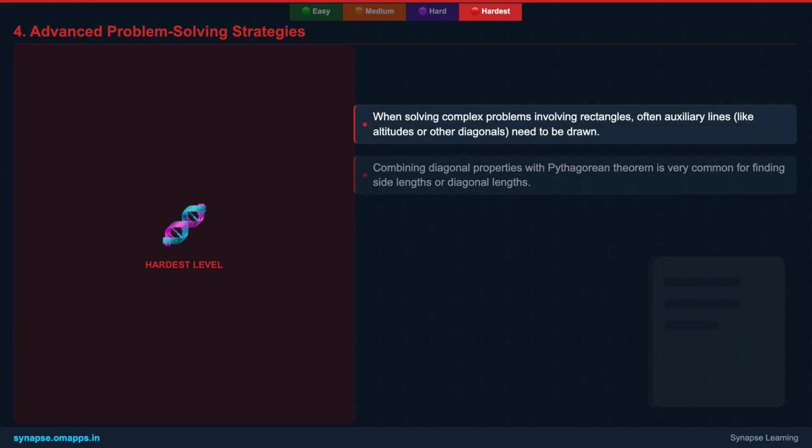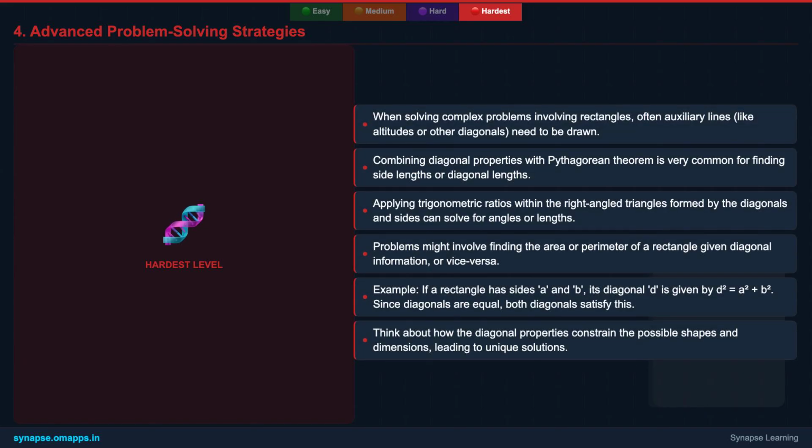When tackling the most challenging problems involving rectangles, a strategic approach is key. Often, drawing additional lines, such as altitudes or other diagonals, can reveal hidden congruent triangles or similar figures. Combining diagonal properties with the Pythagorean theorem is very common for finding side lengths or diagonal lengths.